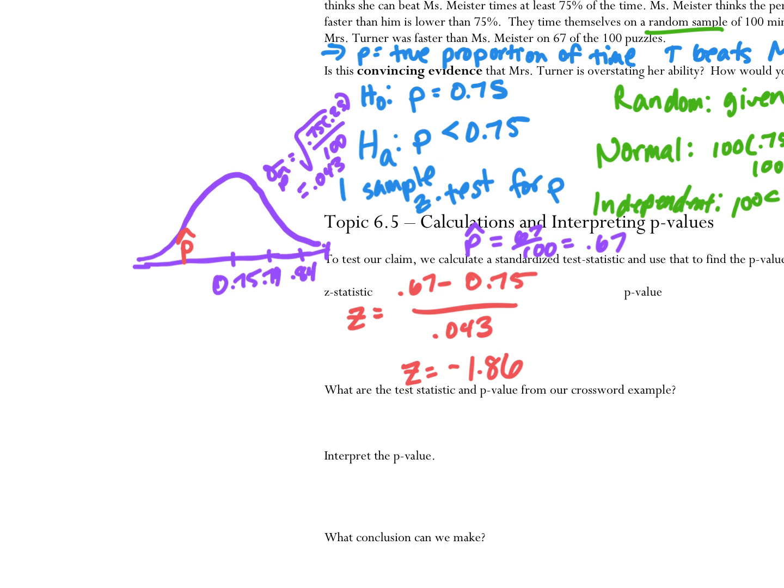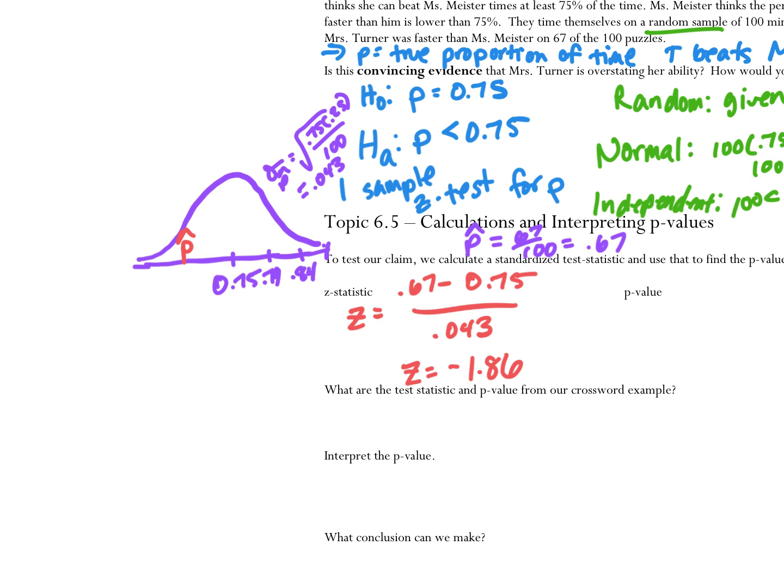Again, that z statistic is telling us where is our sample relative to what should happen if the null hypothesis is true. At negative 1.86, I would call it fairly low, right?